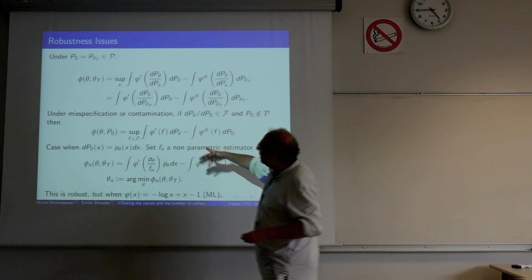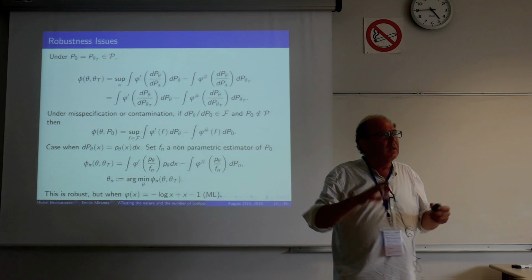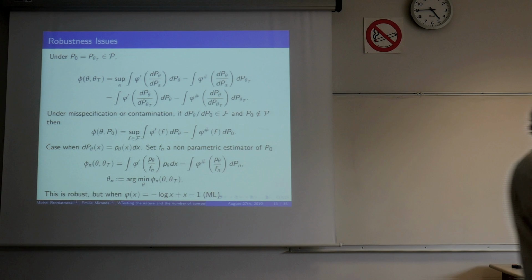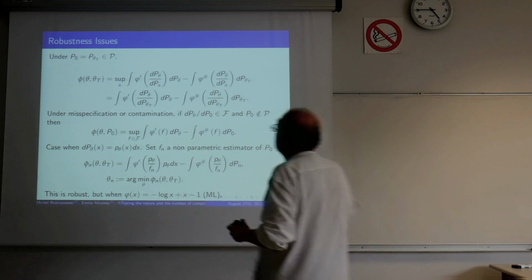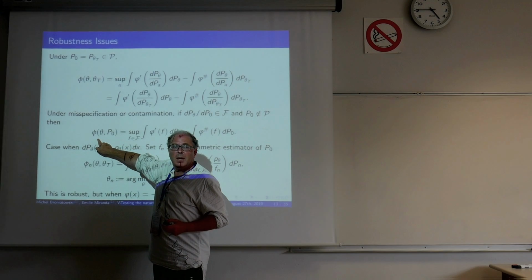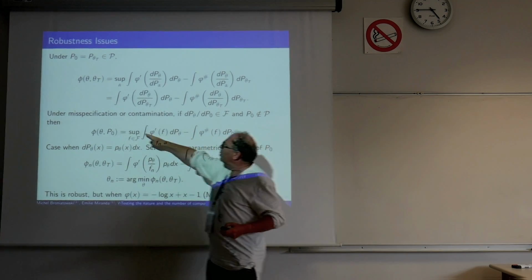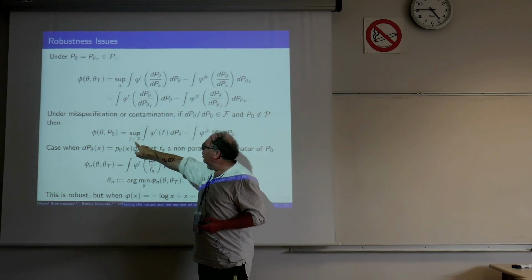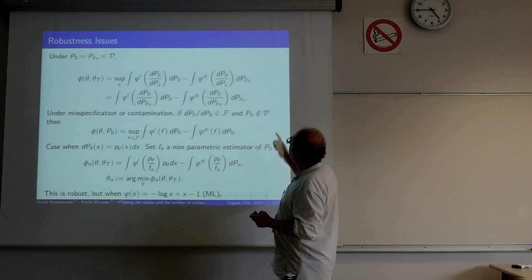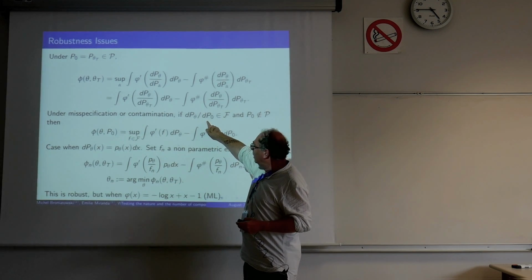I will skip this slide, but anyhow, if x1, ..., xn come from some p0, then the divergence between p0, which is then under misspecification, and p theta would take this form, where the sup is taken on a class that contains dp theta divided by dp0.